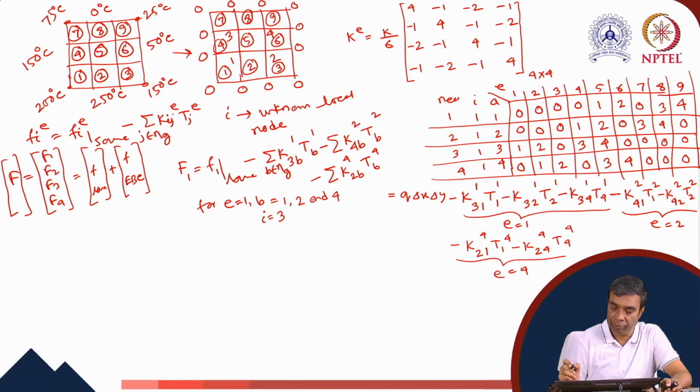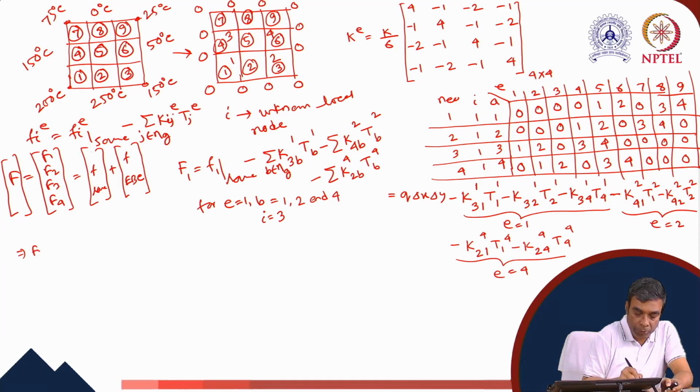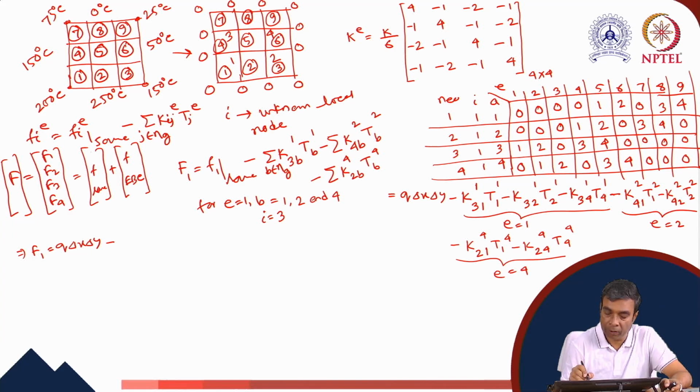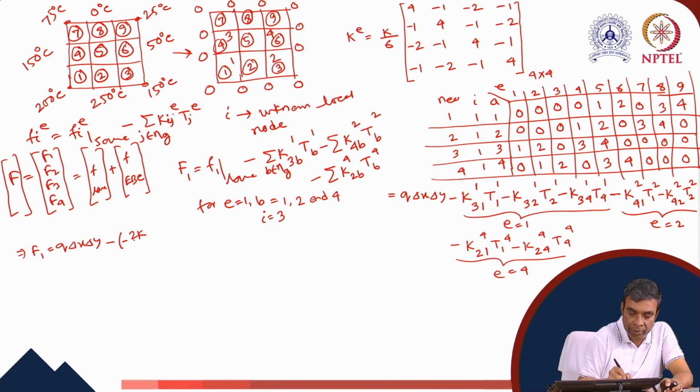So if we substitute the values here, we can find that F1 equals Q into delta x delta y minus our K_311. K_311 is minus 2k by 6. So we get here minus 2k by 6 into T_11. T_11 is 200 degrees centigrade, so 200.